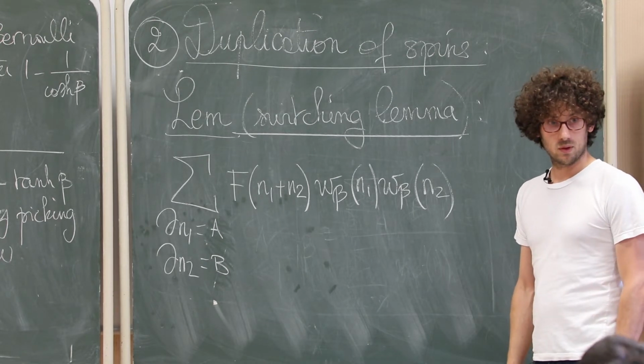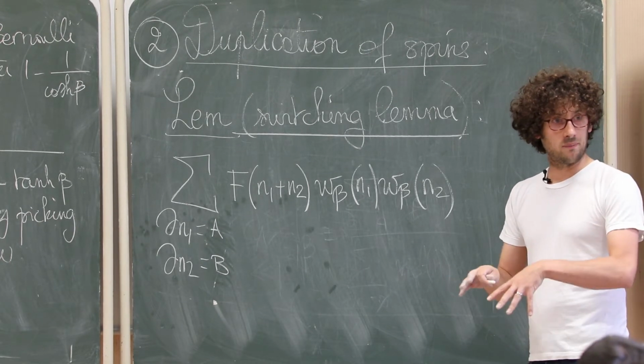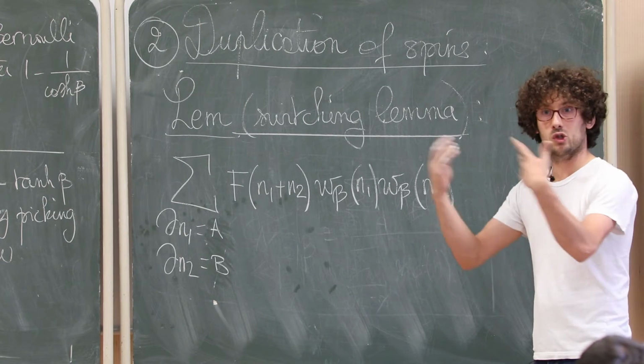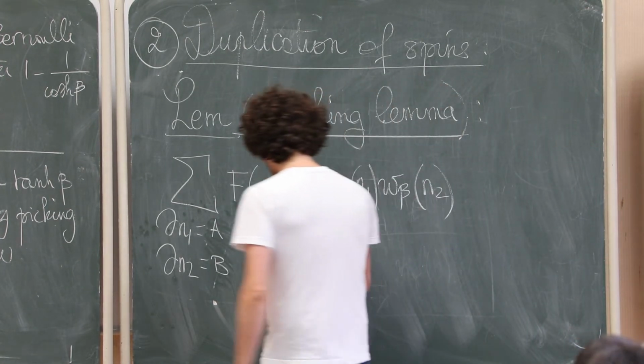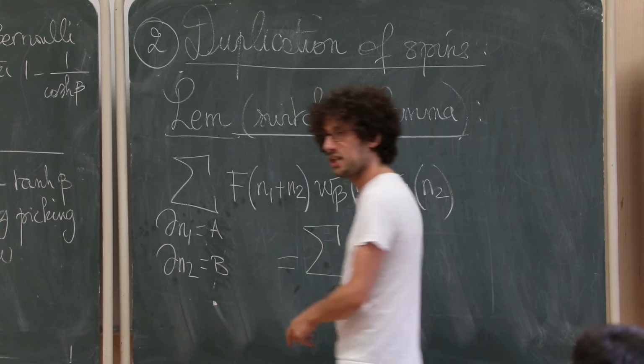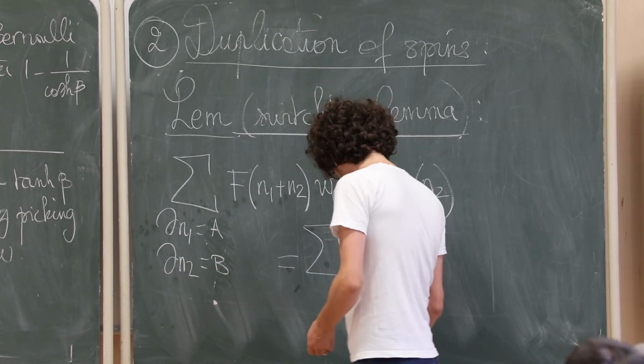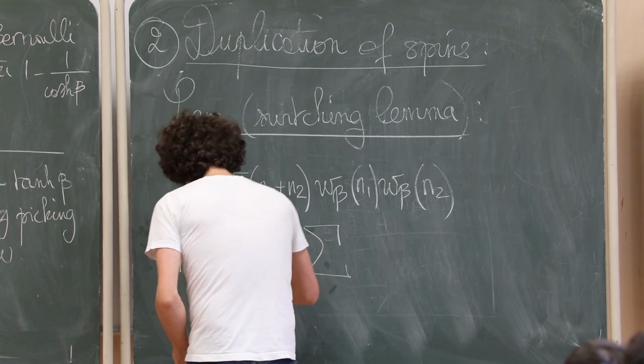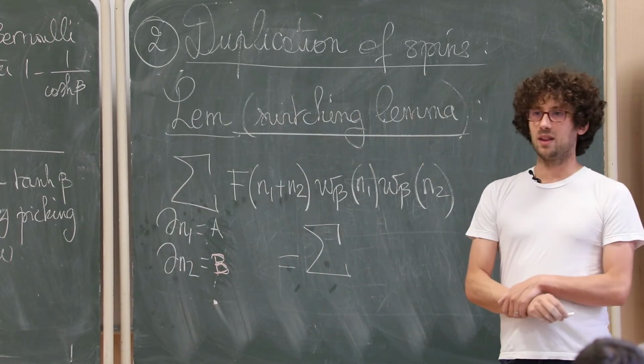Okay? You are just measuring something which is expressed in terms of the sum of the two. Then this is equal to the sum. So what I would like is to be switching the sources here of n2 to the sources of n1.